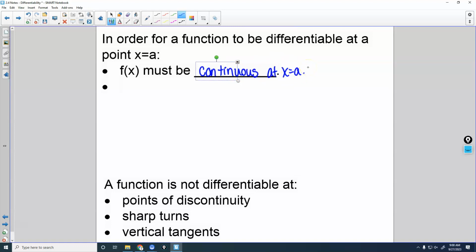So for us to have differentiability at a point, the function has to be continuous at that point. Okay, now it could have a discontinuity somewhere else, but at that point it must be continuous. If it's not continuous, it's definitely not differentiable. Now, something can be continuous and still not be differentiable, but if it's not continuous, it's definitely not differentiable.